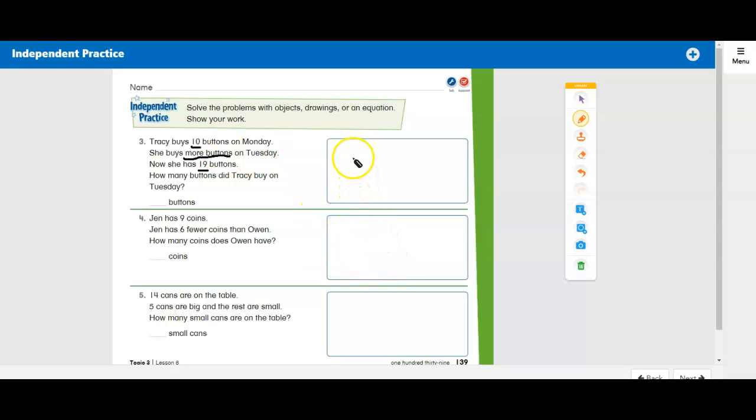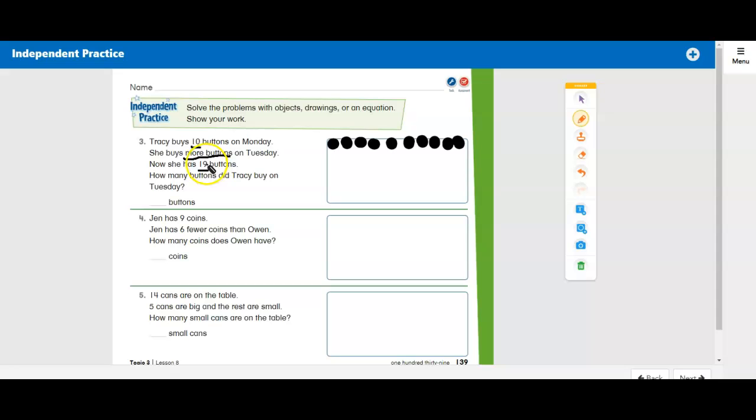So I'm going to show with a drawing, for example. So if I show with a drawing, I could draw 10 buttons. So say 1, 2, 3, 4, 5, 6, 7, 8, 9, 10.